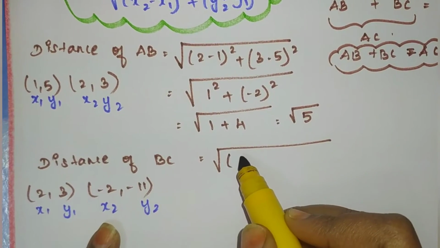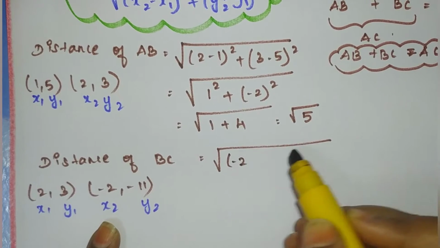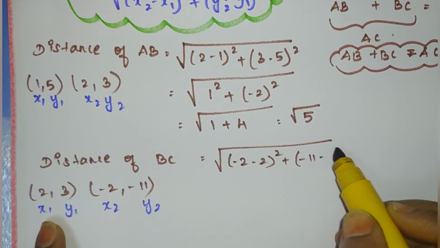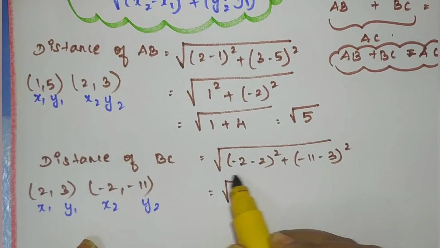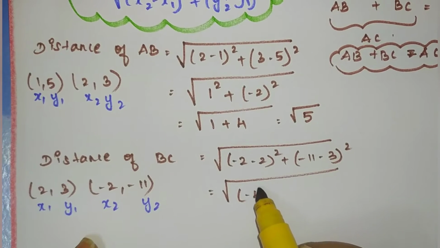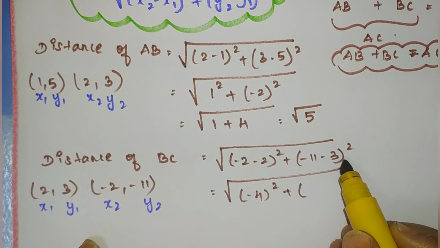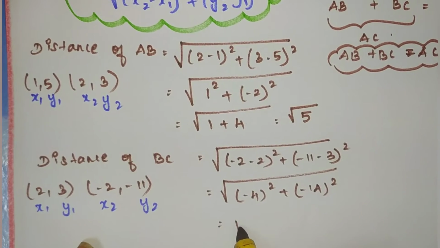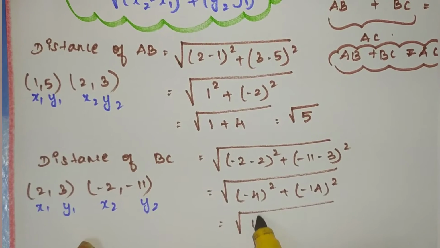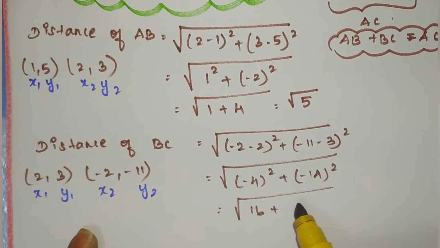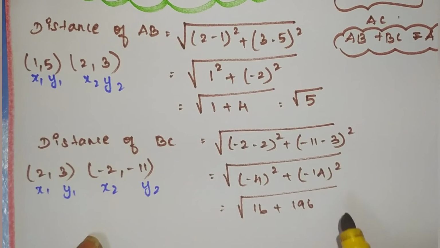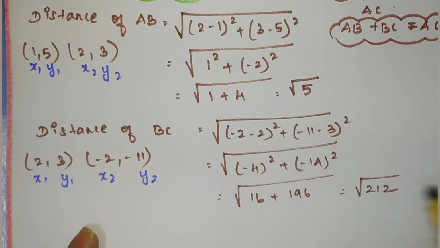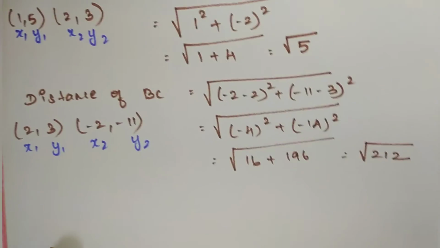Be careful with the negative signs. (-2 minus 2) the whole square, that is (-4) the whole square, plus (-11 minus 3) the whole square, that is (-14) the whole square. Then 4 square is 16 plus 14 square is 196. If you add this, what will you get? Root of 212.